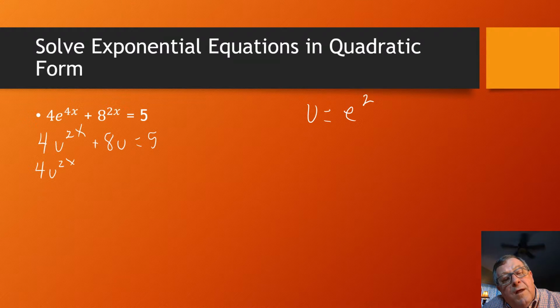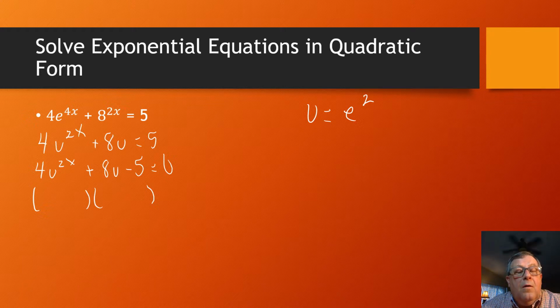I got 4u squared plus 8u minus 5 equals 0, and we're going to factor this. My last term, my constant term, is negative, and my middle term is positive, so I know I'm going to have a positive and a negative in there. And I've got 4u squared.